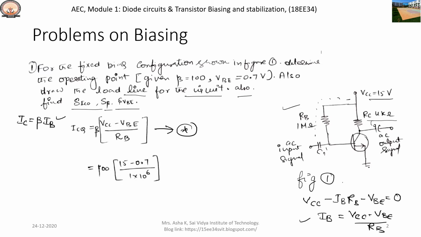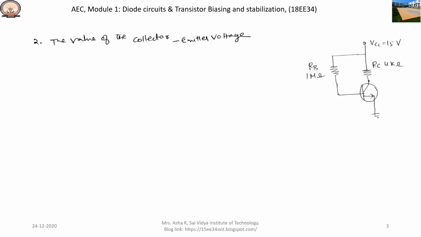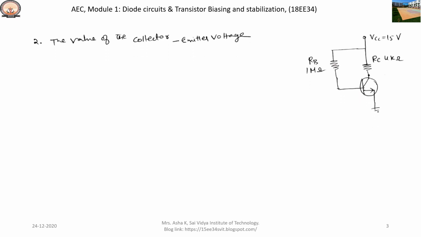After substituting the values of beta, VCC, VBE and RB, we are going to get the ICQ value, that is equal to 1.43 milliamperes. Now we will calculate the collector to emitter voltage. By applying KVL to the output side of the circuit, we are going to get the output voltage equation. That is, here positive to negative the current is IC, positive to negative the output voltage is VC.